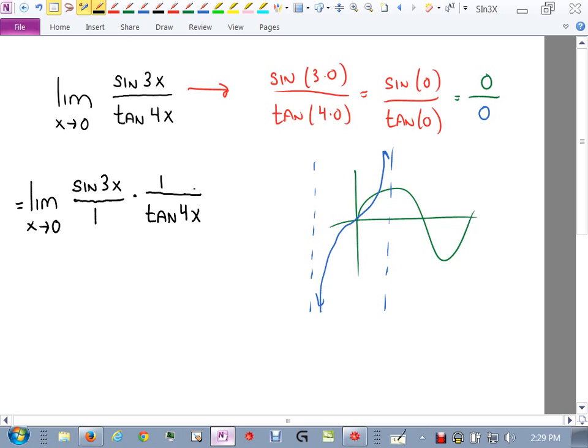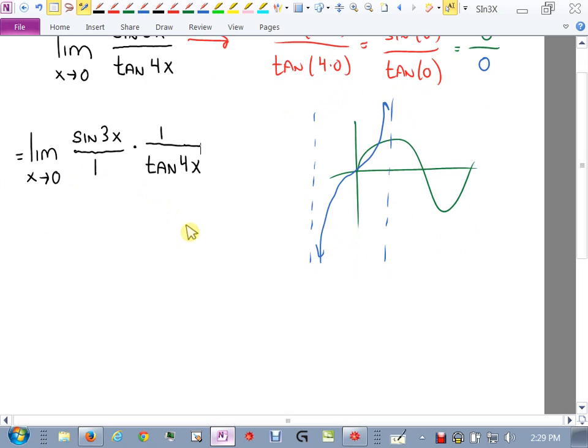Now you'll see where I'm headed with this, but just make sure you understand what I did there. What I'm trying to do is figure out what's causing the problem. Like, we know it's the division by 0 that I don't like, right? So I need that tangent to cancel. The problem is I can't cancel a tangent if I don't have a tangent up here. I have a sine up there.